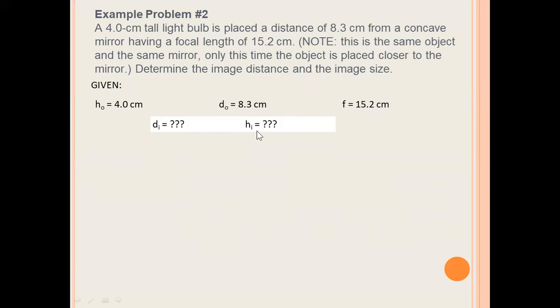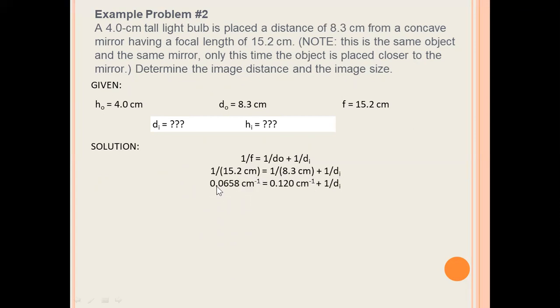If we proceed now with the solution, we're going to use the mirror equation: 1/f = 1/do + 1/di. Plugging in the values, this gives us 1 over 15.2 centimeters equals 1 over 8.3 centimeters plus 1 over the distance of the image.